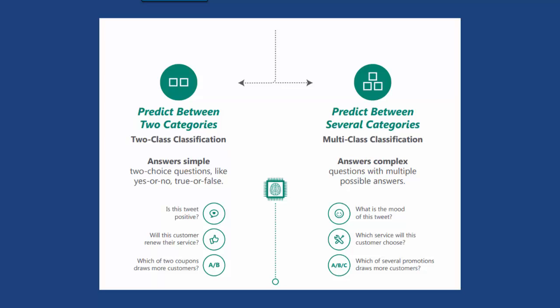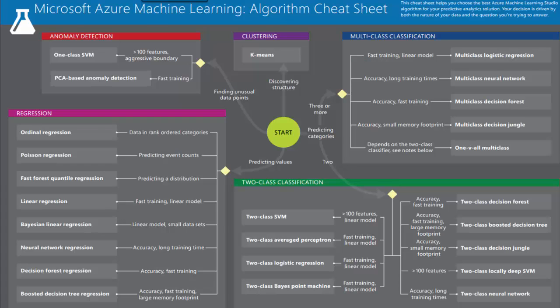Now that we've covered the 4 different categories, there is a beautiful cheat sheet which talks about the different algorithms that exist and which one you should use. As you can see, the different kinds of algorithms are categorized under colorful boxes. The first one is anomaly detection on the top left, which has 2 kinds of algorithms.